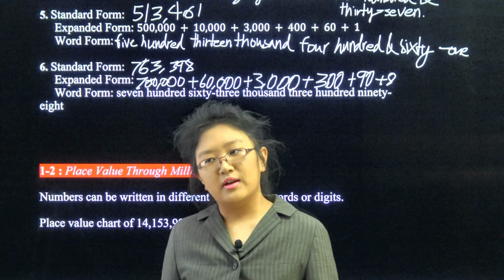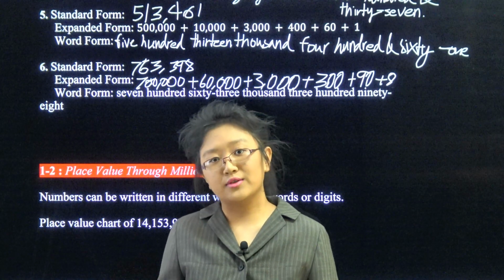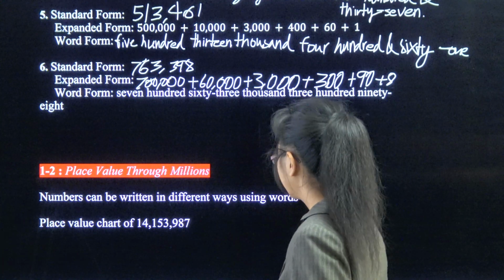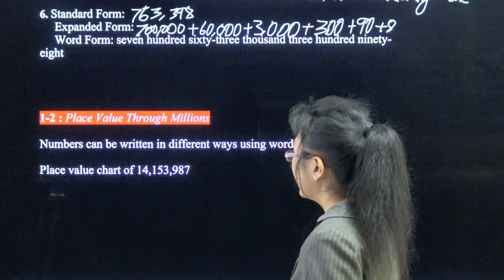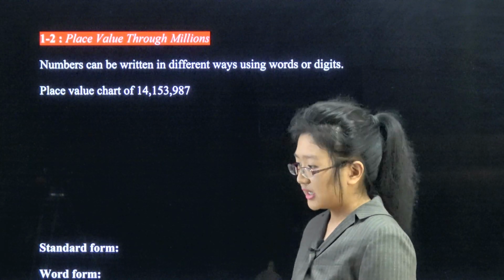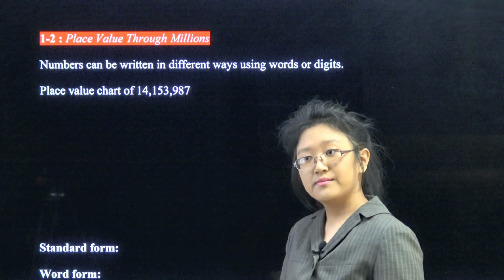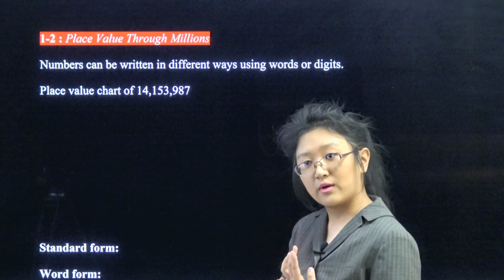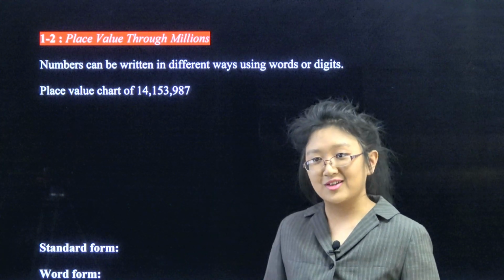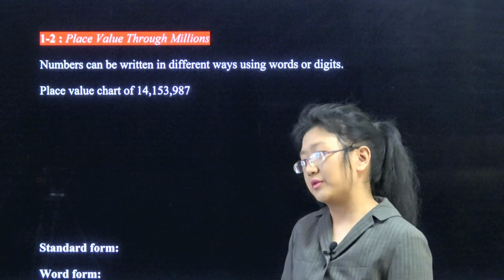Now that we're done for the place values in the thousands, we're going to go to place values in the millions. Now the millions, it's the same principle. You have million, 10 million, and 100 million. And then you move on to another place value. This isn't like some languages where it's kind of confusing.